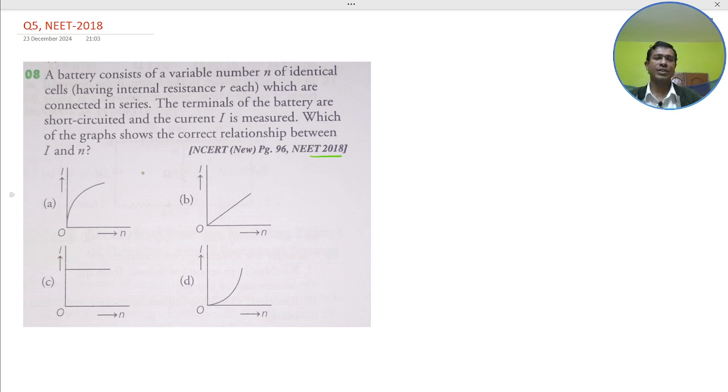We just do these concepts from the chapter summary. That's the series of cells, or cells connected in series. So n identical cells are connected in series. So you write here E equivalent is equal to nE. Also the n internal resistances are connected in series, so R equivalent equal to nR.